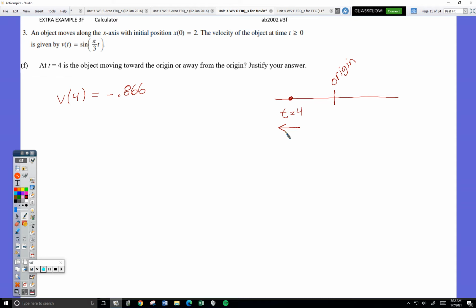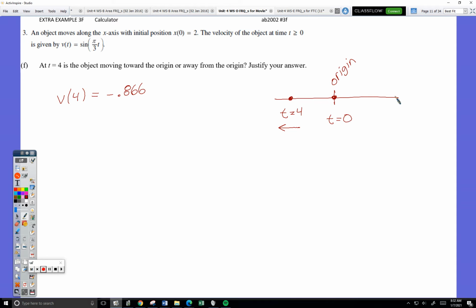But it's possible that at time equal 4, the particle is actually right there, which means we'd have to tell the grader the particle is actually at the origin. It's not moving towards or away. At time equal 4, the particle is at the origin. I've never seen them ever do that, but they could.